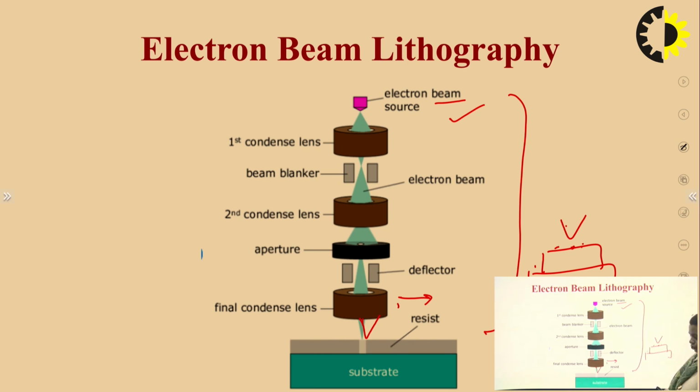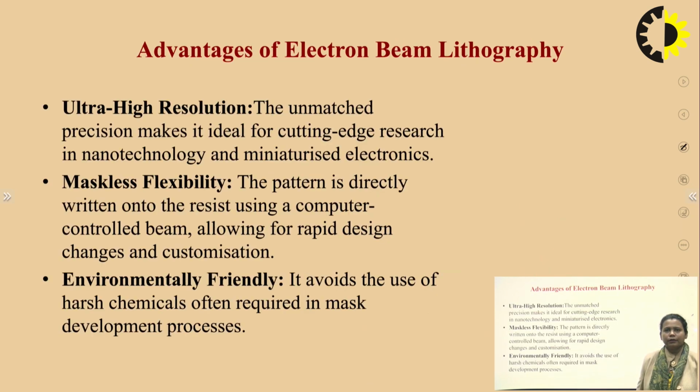So this is the structure of electron beam lithography. It has the main parts: different kinds of lenses so that the electron beams will not get deflected, and an aperture to make the transfer of electrons easy over the lens, right.